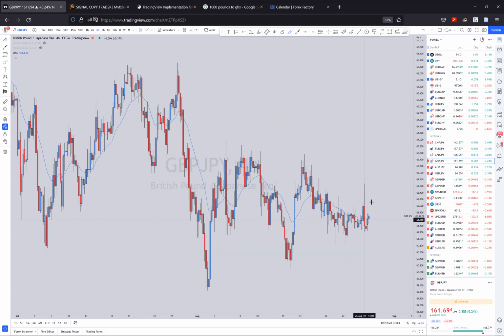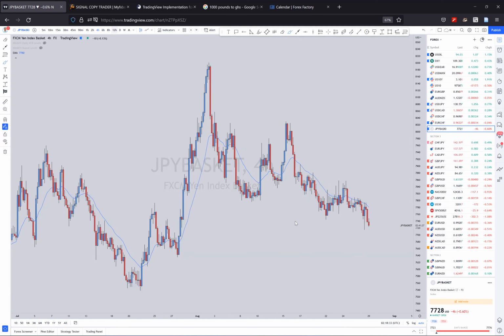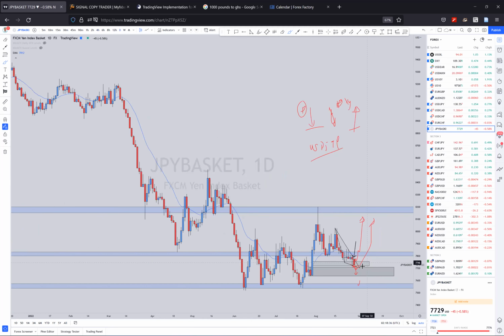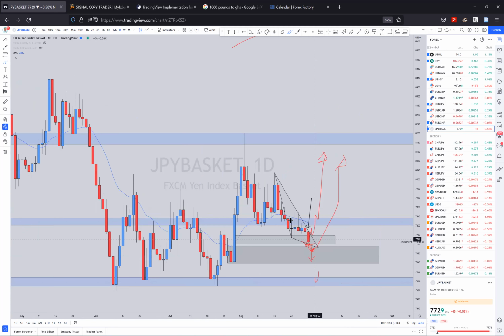GJ, same thing. So it is very important to keep an eye on the JPY basket, especially inside the current level it is, to continue pushing to the downside, because we had like 4 days of rejection to the EMA before price pushed to this level here.